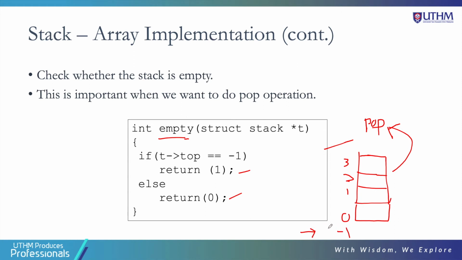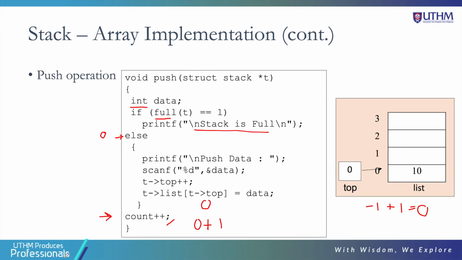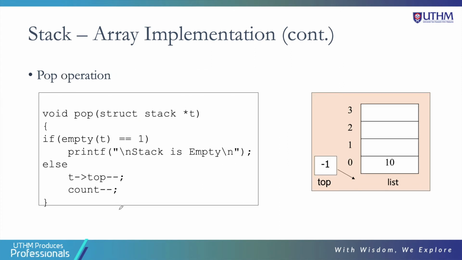When the top is pointing to -1, it indicates that the stack is empty. Otherwise, it will return 0. So whenever the stack is not empty, it will go to the else part.